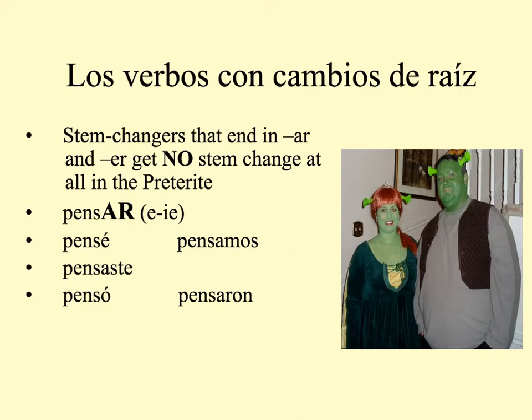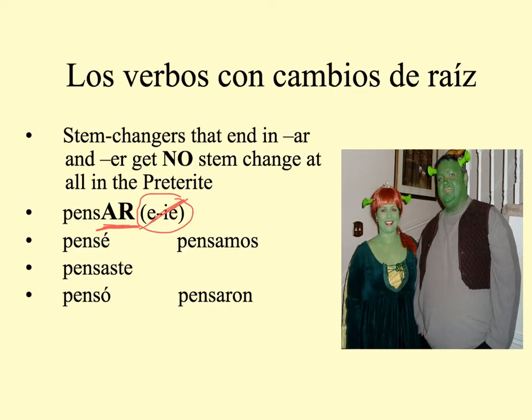The first thing you're going to do is check the last two letters of the verb. Because if it's a stem changer that ends in AR or ER, you will not have any stem change at all for that verb in the preterite. So here's your example, pensar, right? It's really important that I look at the last two letters. If they're AR, then my brain should go, oh, look at this stem change.